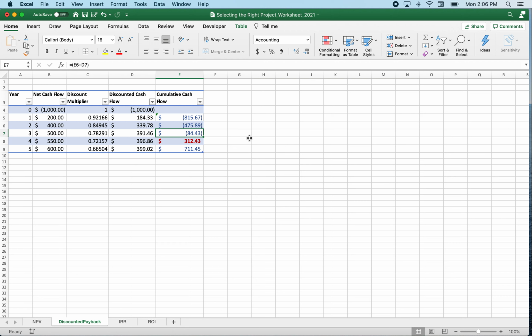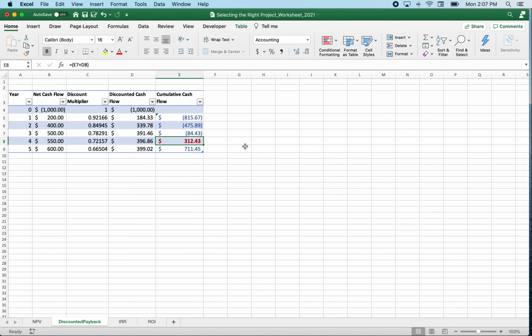Not quite positive, but getting there. And in fact, if we consider the revenues of year 4, which have a present value of 396, and add that to negative 84.43, we end up with a value of $312.43.